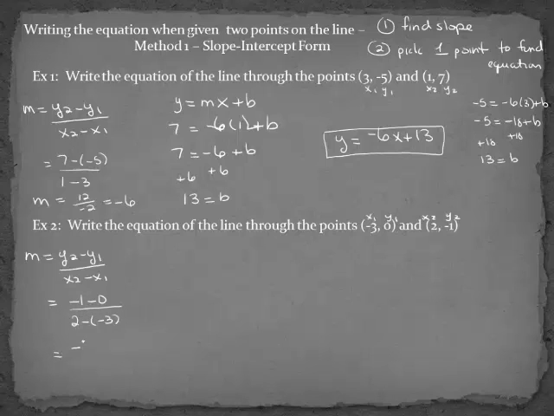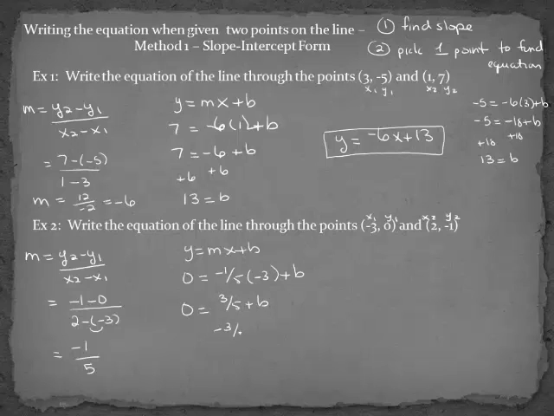So that's going to give me -1 over, that's 2 plus 3, so -1/5. And I can choose either point. I'm going to choose this first one. So I get 0 is equal to -1/5 times -3 plus b. 0 is equal to 3/5 plus b.